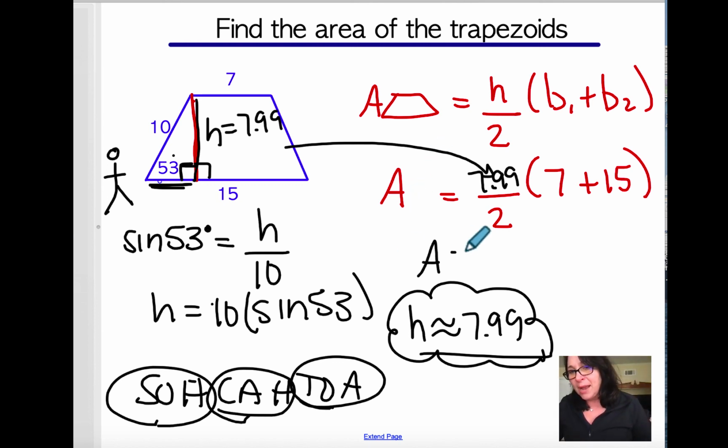So that means that my area for this trapezoid is going to equal 87.89 units squared.